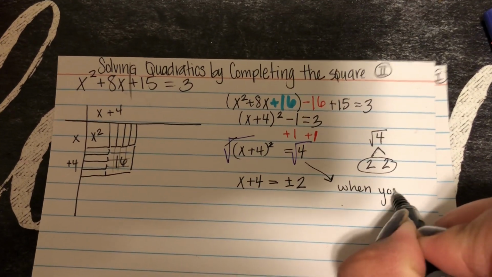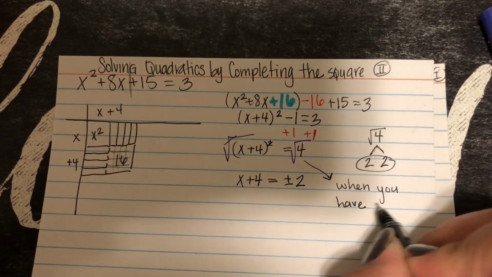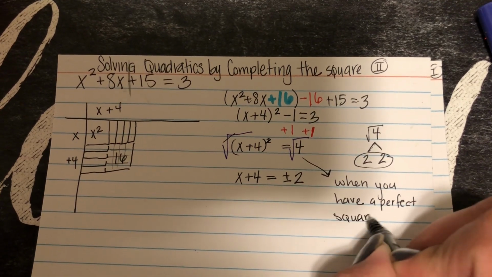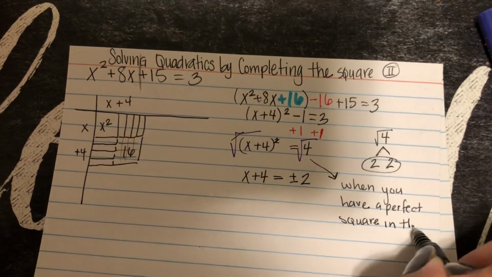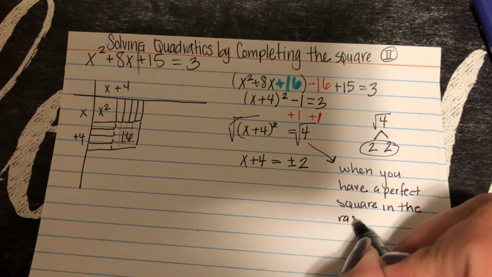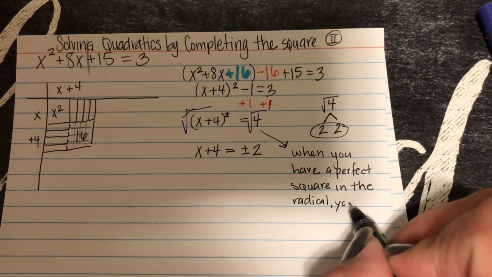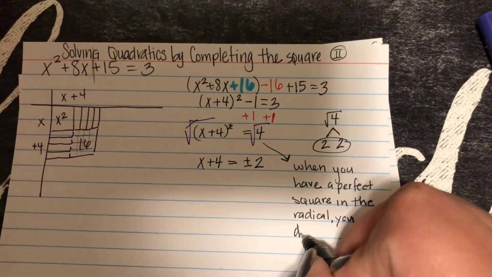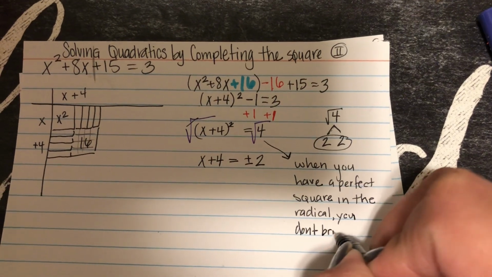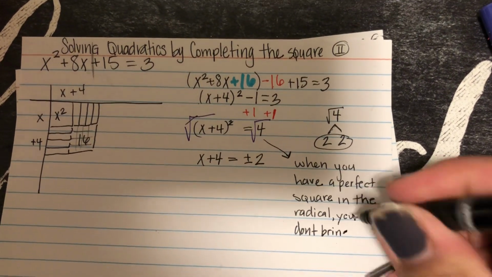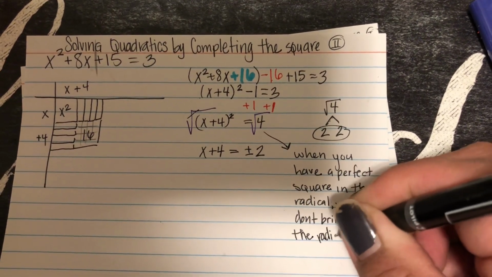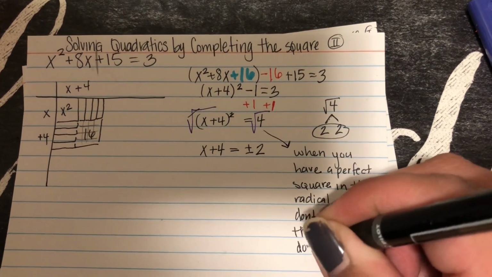When you have a perfect square and the radical, you don't bring the radical down.